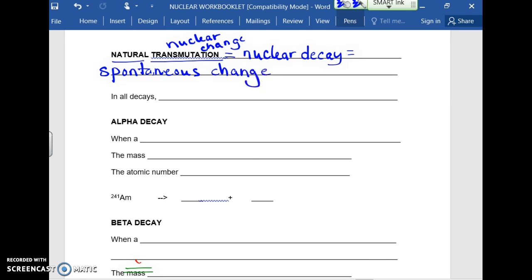And of course, the consequences I'll restate: releasing radiation, and producing a new element. Both of these will be observed.